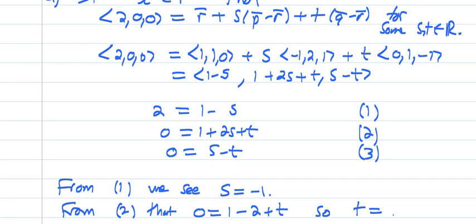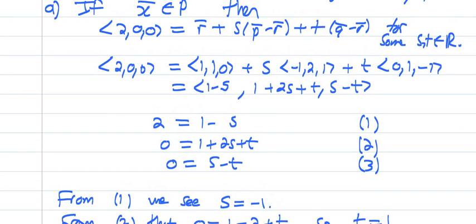So t evaluates to 1, and now we need to check if it satisfies the third equation. Does it satisfy the third equation? So let's check the third equation. So we get that minus 1 minus 1.